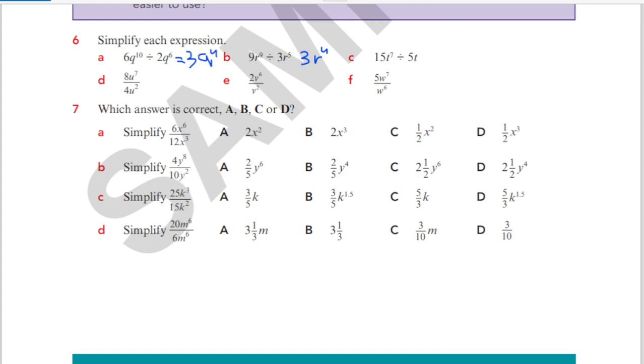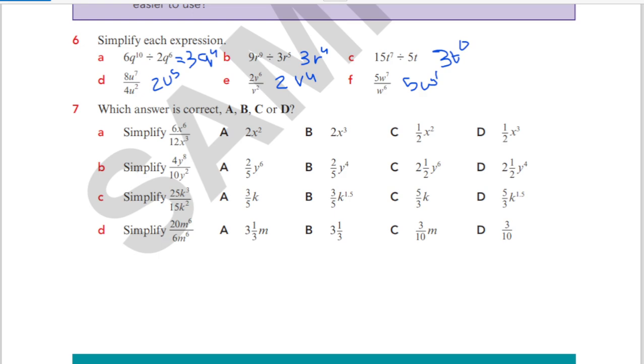In part C, 15 divided by 5 will be 3, and in t, 7 minus 1 will be 6. 8 divided by 4 will be 2, and u, 7 minus 2 will be 5. 2 divided by 1 will be 2, and v power 6 minus 2 will be 4. 5 divided by 1 will be 5, and w, 7 minus 6 will be 1. So it's up to you. You can write 1 or you can ignore 1. The answer will be 5 power w.